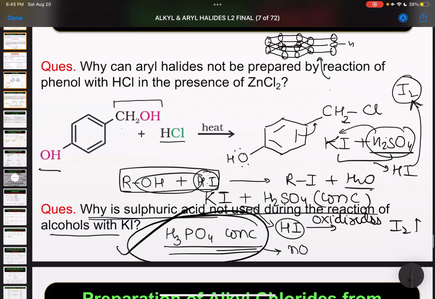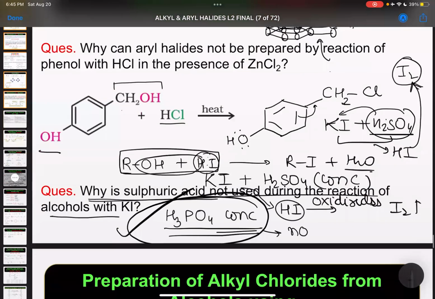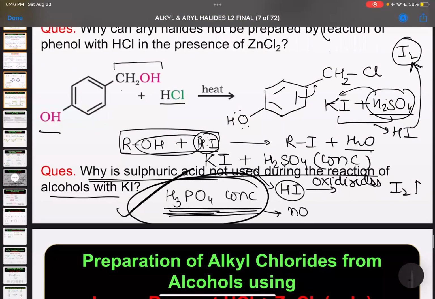So you got I2, which is of no use for us because we wanted HI. So you need some acid that gives only H plus but doesn't oxidize HI to I2. That's why you need to use H3PO4. Yeah, excellent, good. You need to remember it because you can't use any other acid. H3PO4 is a non-oxidizing acid. You can write it. Okay.